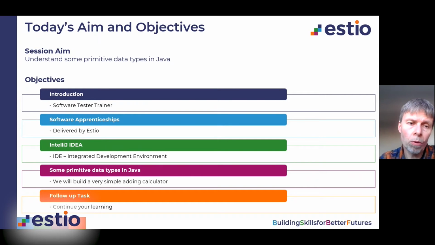I'm going to first of all be showing you the IntelliJ IDEA IDE, that's Integrated Development Environment, which is one of these sort of platforms that you can use to write code in Java as well as other programming languages. And then I'm just going to show you some primitive data types in Java, and I'm going to build a very simple little adding calculator just to add a couple of numbers together with a bit of user input, just sort of shows how you can do that.